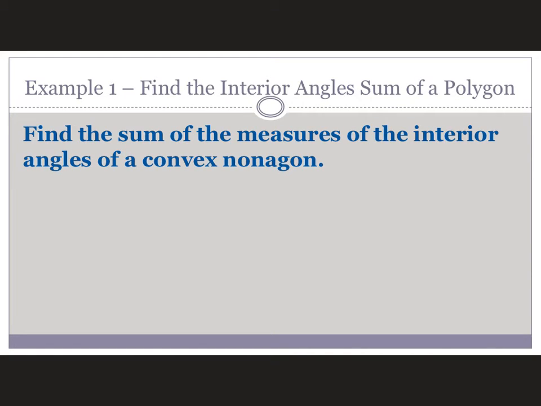So example number 1. Find the interior angle sums of a polygon. Find the sum of the measures of the interior angles of a convex nonagon. So remember, a nonagon is going to have 9 sides.